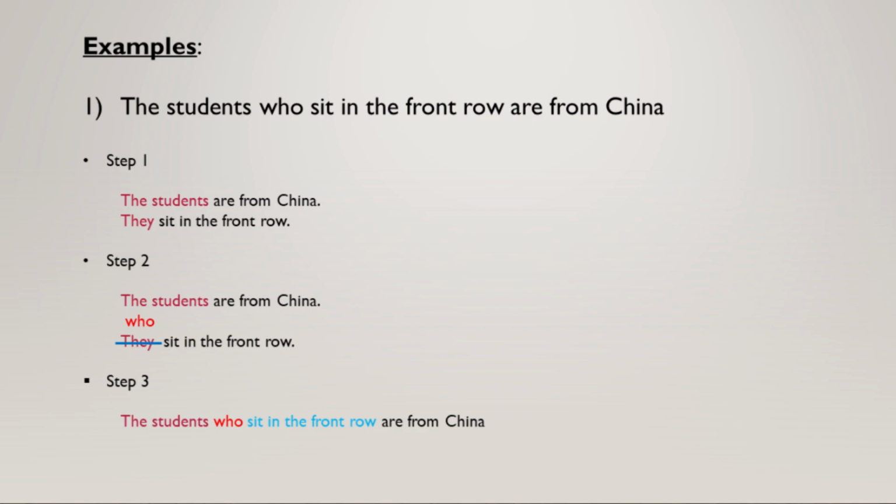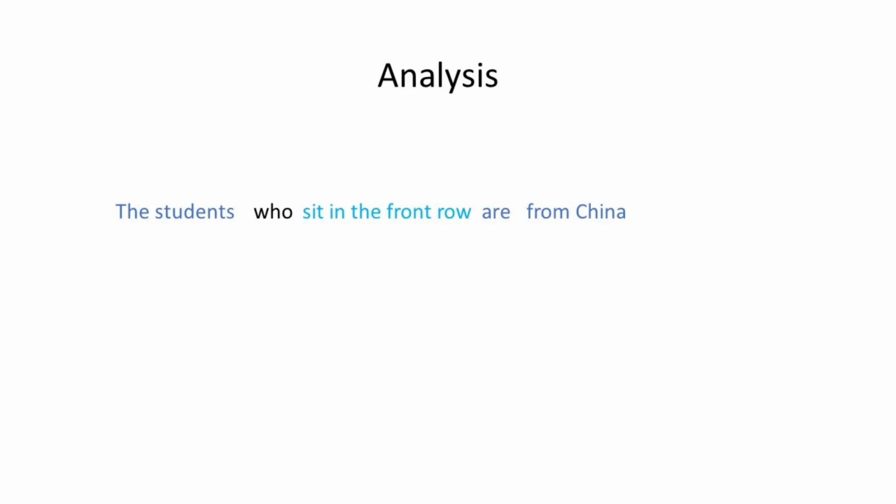Let's analyze this sentence. The students who sit in the front row are from China. From this sentence, we can know which is independent and which is dependent. The students are from China is the independent clause.